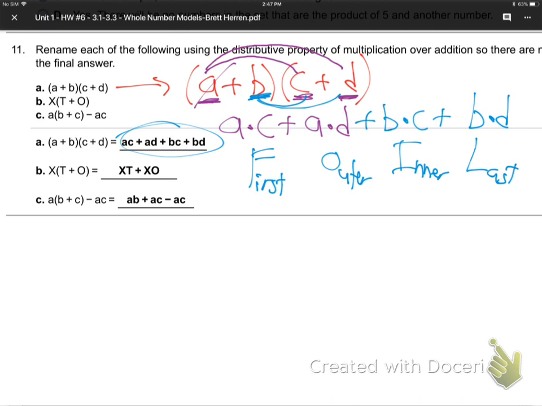Inner means the 2 inside guys, B and C, that's what we did. The last means the last one in this parenthesis times the last one in that parenthesis. That's what we did. So it's just another way of saying the same thing. FOIL is the same thing. I usually just say when I teach algebra, the first goes to both, and when he's done, the second goes to both. First to both, second to both. Same thing.